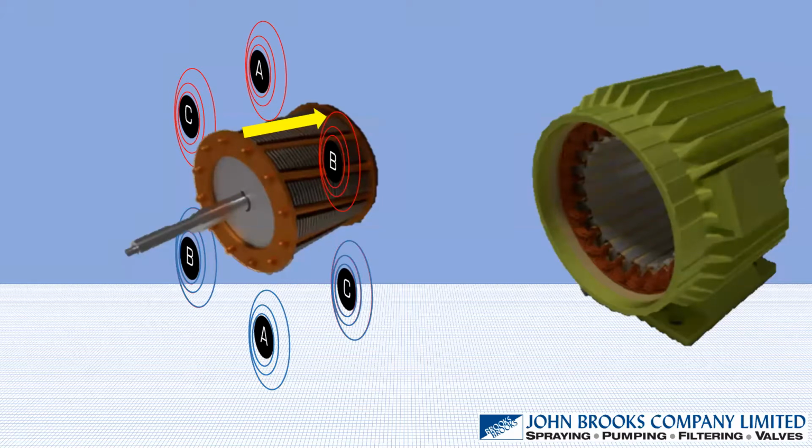So remember, when we run a current through a coil, we get a magnetic field. When we run a magnetic field nearby a bar or a piece of metal, we get a current. And those currents are the strongest at the very top and at the very bottom, in this case anyway. As we come around, they get smaller and smaller, and finally they reverse as they come around to the blue A. So we're getting a change in current.